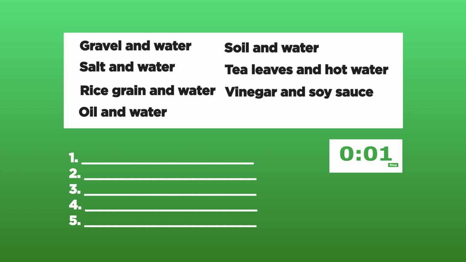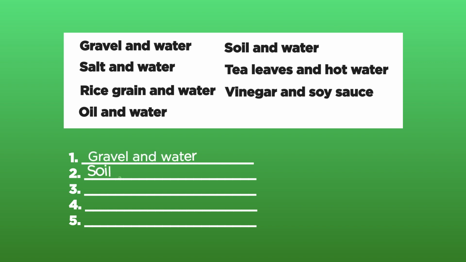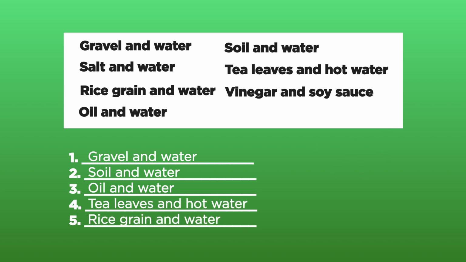Are you done? Great! Let's check your work. Your answer can be any of the following. 1. Gravel and water. 2. Soil and water. 3. Oil and water. 4. Tea leaves and hot water. 5.